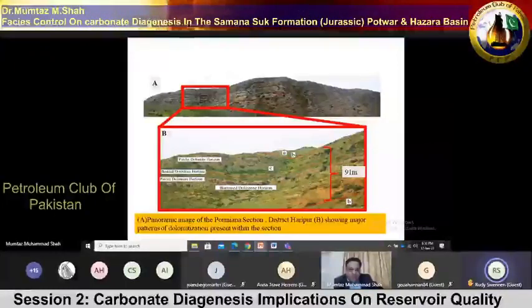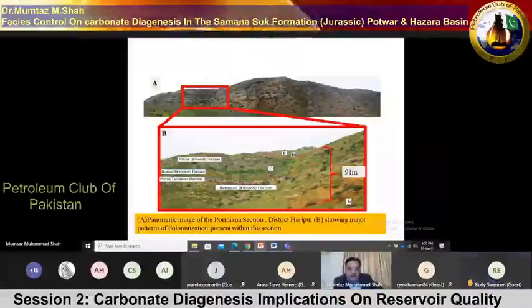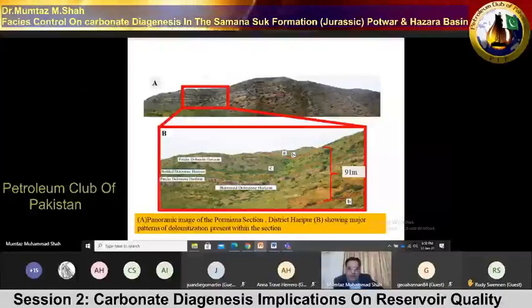The slide with the fracturing and brecciation filled by dolomites. Okay, I go to the next slide, pervasive dolomitization. I wait a minute for this slide to be transmitted to you.